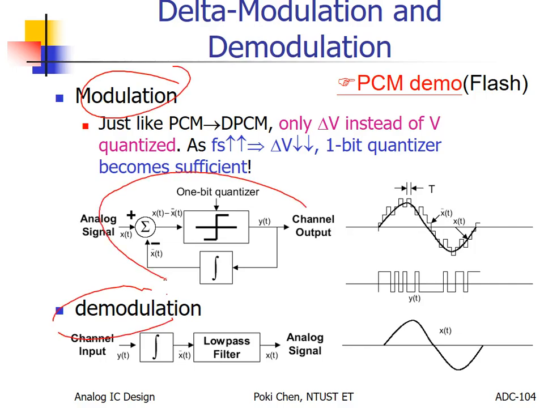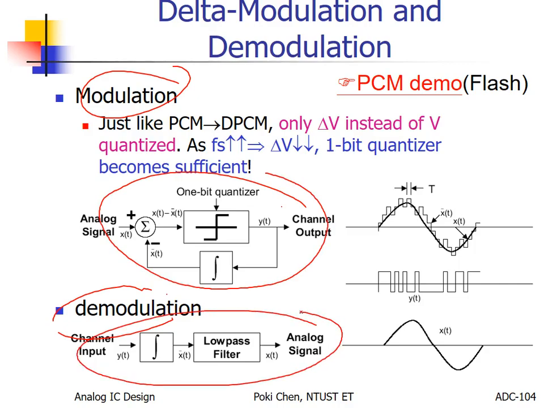This is the modulator, 调变器, and this is the demodulator, 解调变器. And this is the reason why we try to borrow, duplicate the same idea from communication system. Actually, for you guys, maybe the first time you learn such kind of delta modulation, I guess, is from communication system.